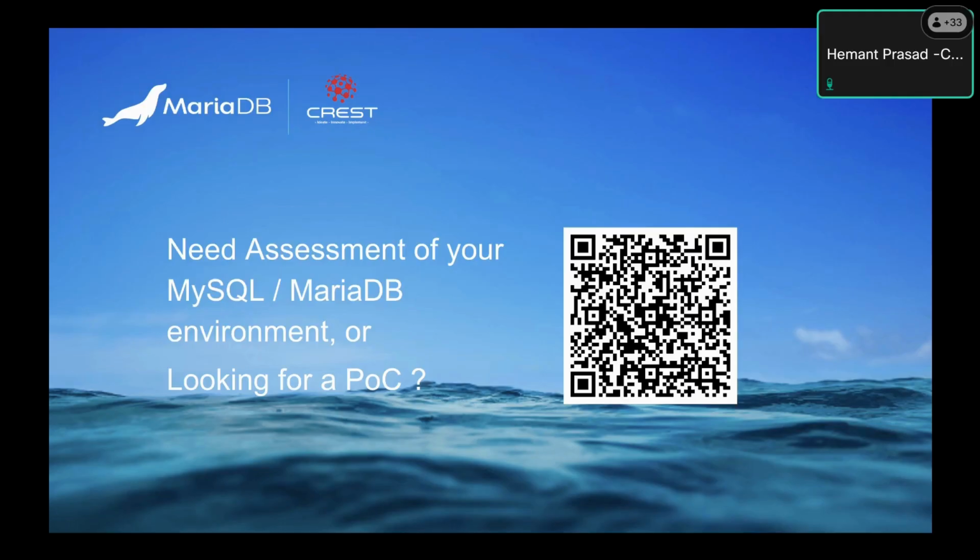But the resource requirement for MaxScale can be pretty low. I think it can start with 2 virtual CPU and 4 GB RAM, because MaxScale doesn't store anything. It doesn't really have any business logic in terms of high volume processing. It's a router, it's a proxy.